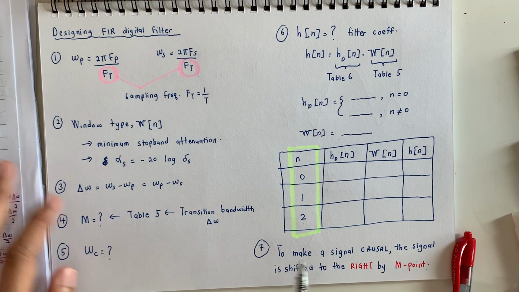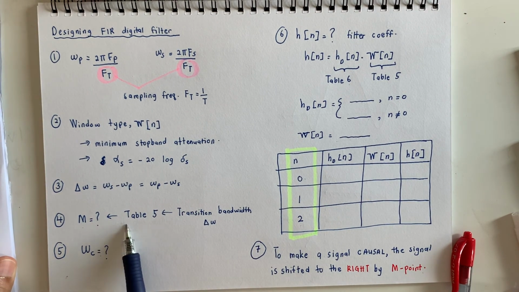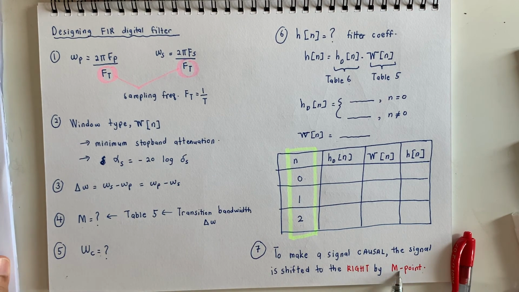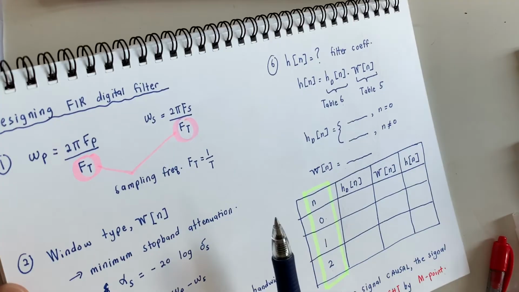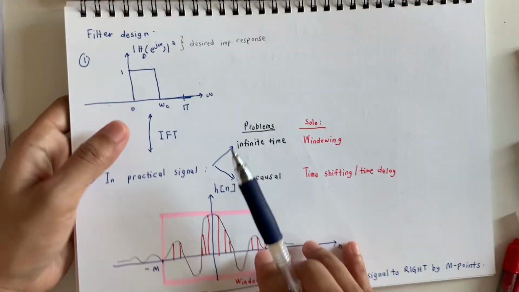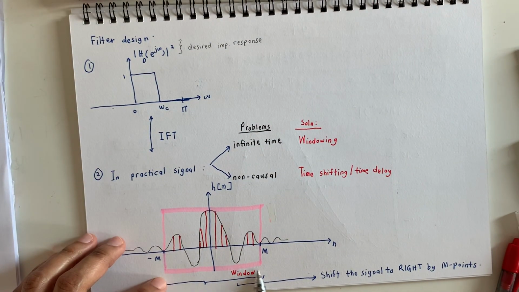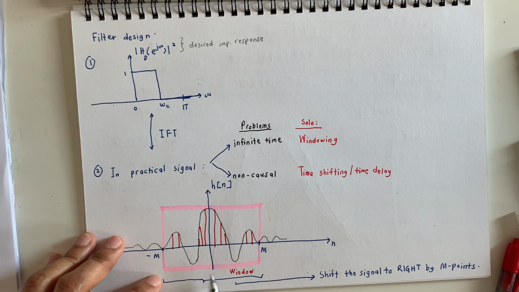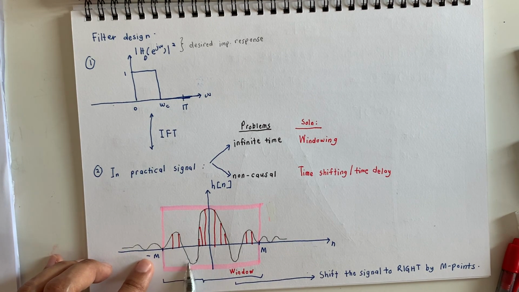The M point you can get from step number 4. Again, I want to repeat, why M? Why not capital N? Remember this. We do the windowing and then we need to shift the left-sided signal.